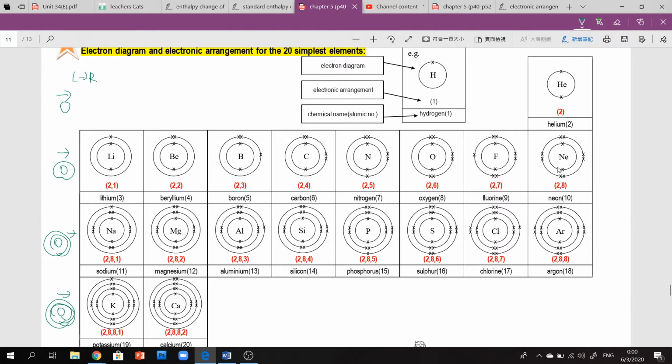So what is that? It tells you the number of occupied electron shells, from downward. I repeat, it tells you the number of occupied electron shells, from row to row. We could call this one period.